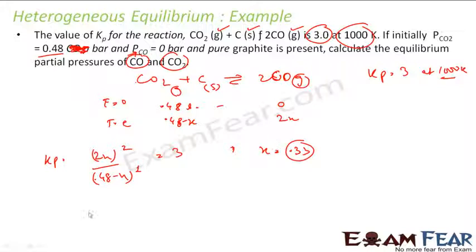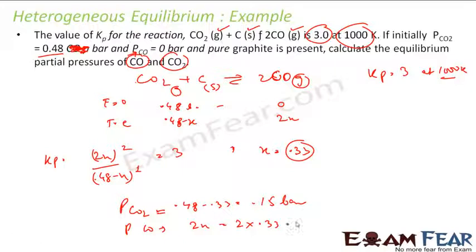That means the partial pressure of CO2 is 0.48 minus x, that is 0.48 minus 0.33, which is 0.15 bar. And the partial pressure of CO is 2x, that is 2 into 0.33, which is 0.66 bar. And that is nice, an easy question.